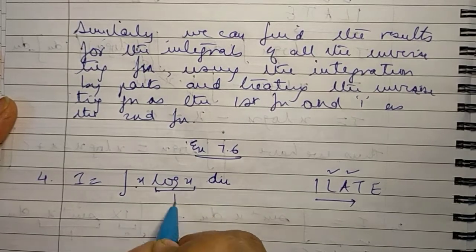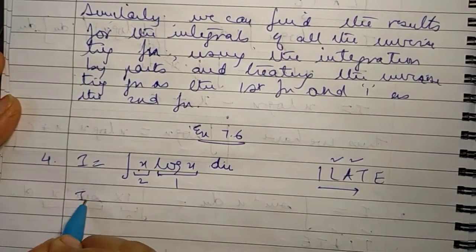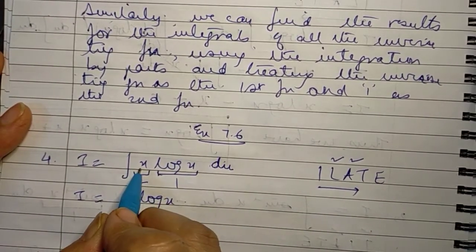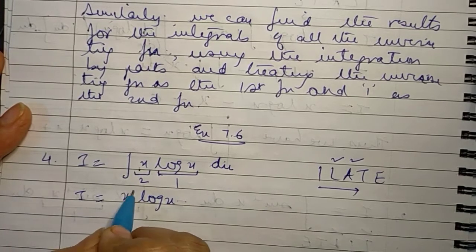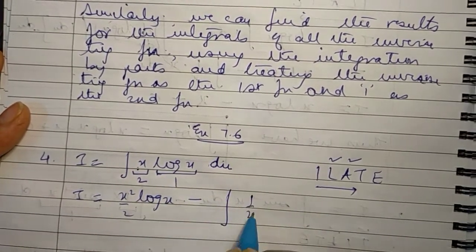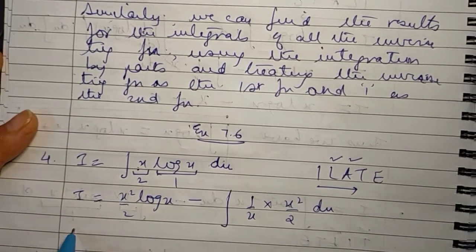So treating this as the first function, this as the second function. So what do we get? I is equal to first function into integral of the second. Now integral of x is x squared by 2, minus integral of derivative of the first function into integral of the second function into dx.